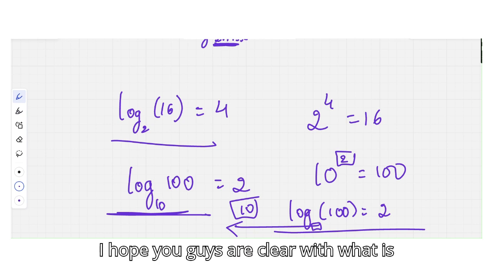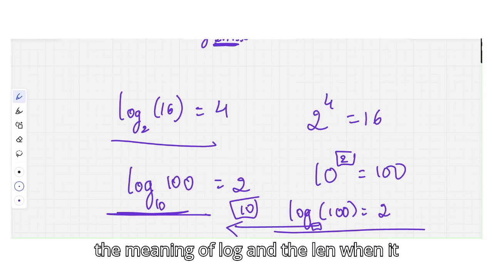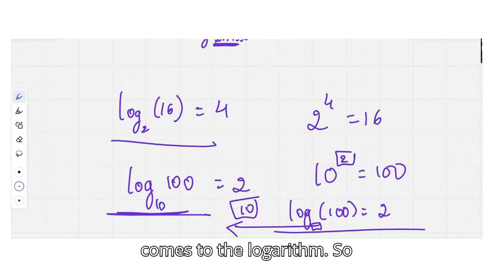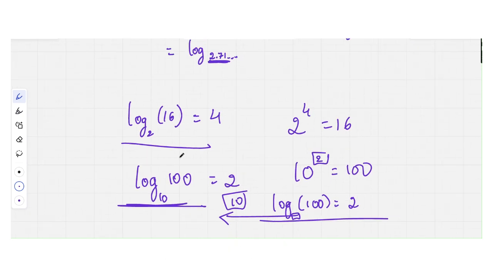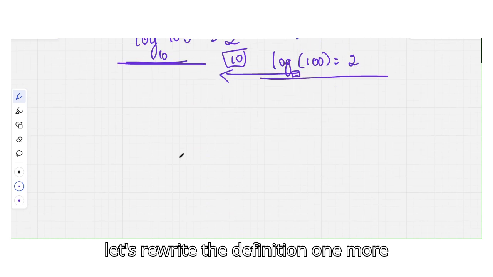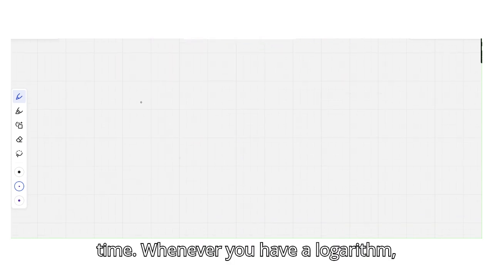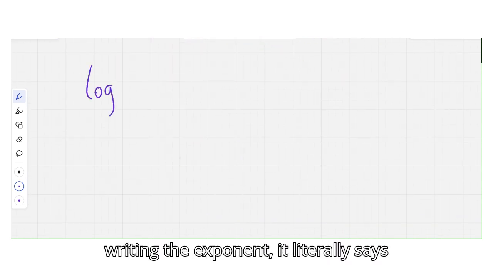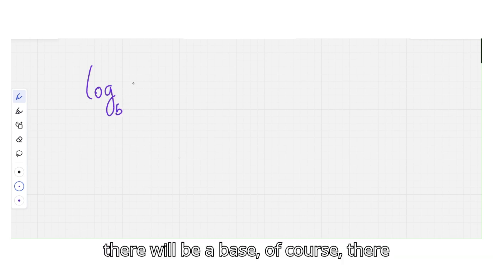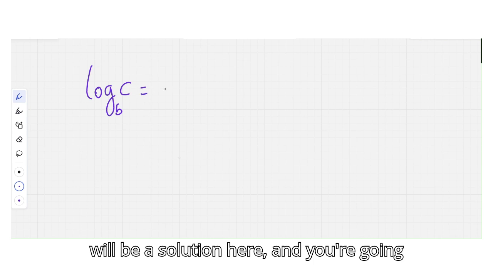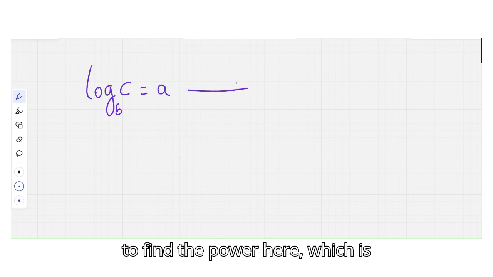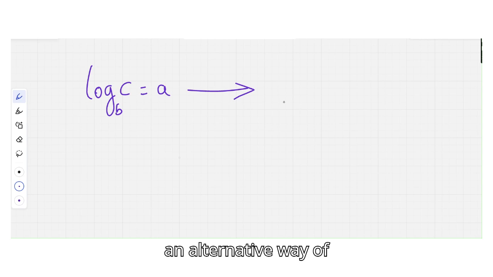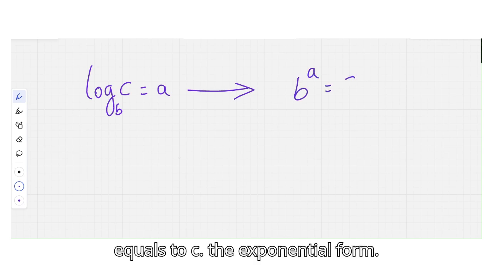I hope you guys are clear with the meaning of log and LN when it comes to the logarithm. So let's rewrite the definition one more time. Whenever you have a logarithm, which is nothing but another way of writing the exponents, there will be a base, of course, there will be a solution here, and you're going to find the power, which is the alternative way of writing base raised to the power a equals c, the exponential form.